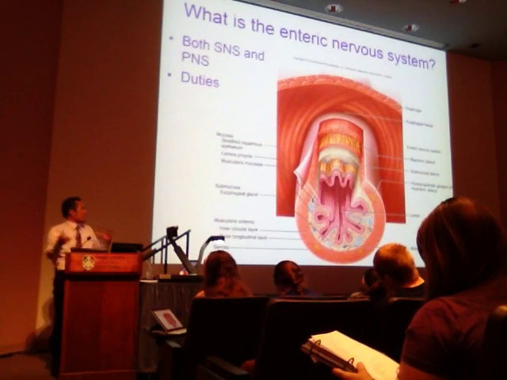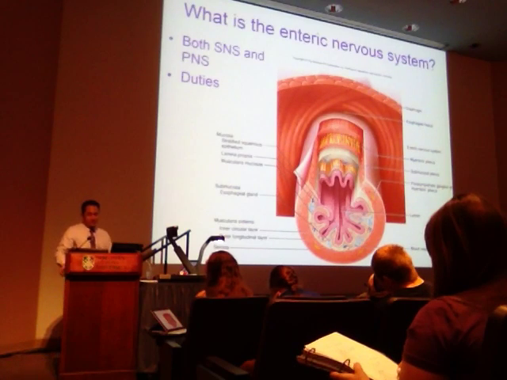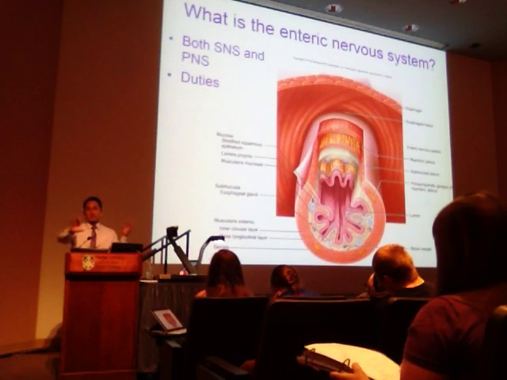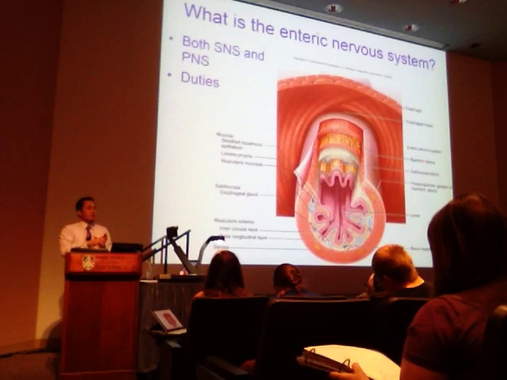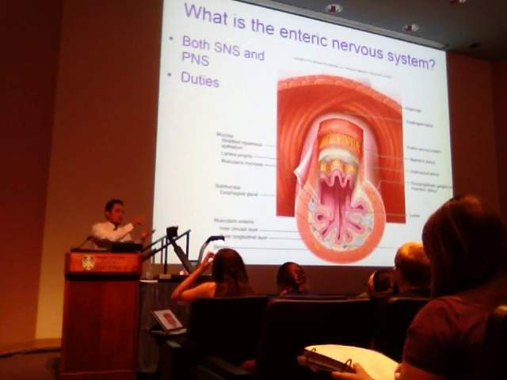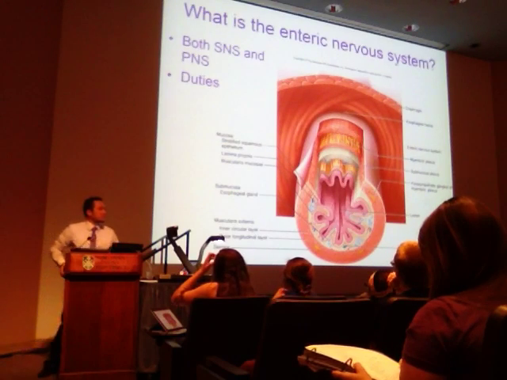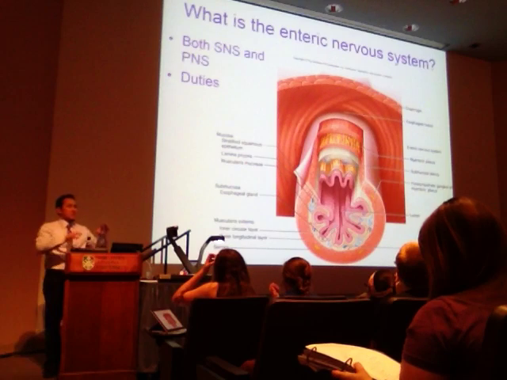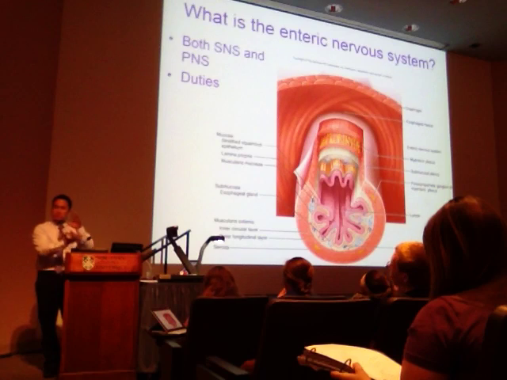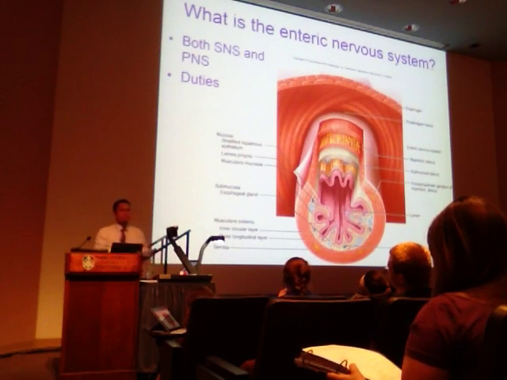So the GI system has this plexus, this nerve plexus, that is about 100 million neurons within the wall of the digestive tract. And it will control smooth muscle contraction of the digestive tract for segmentation and peristaltic movement. Now, what that means is segmentation is any motion that causes churning, like a physical churning so you can break up food mechanically.